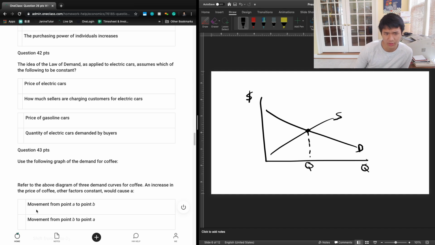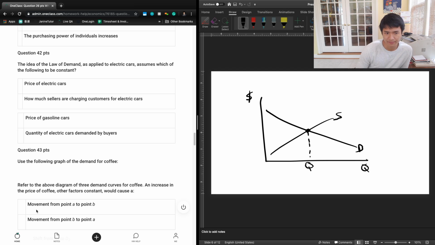And normally when we're talking about equilibrium, how much sellers are charging customers for electric cars is going to be the intersection between supply and demand curves. And so that is something that is always changing, and we would also assume that the price that sellers are charging is going to be variable as well. C is the price of gasoline cars. And so we would assume that gasoline cars and electric cars are substitutes, right?